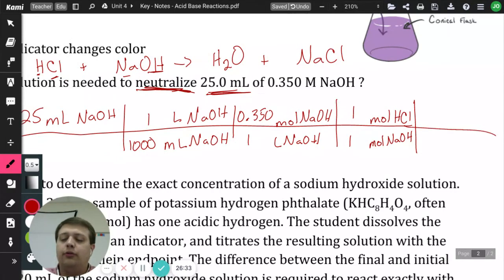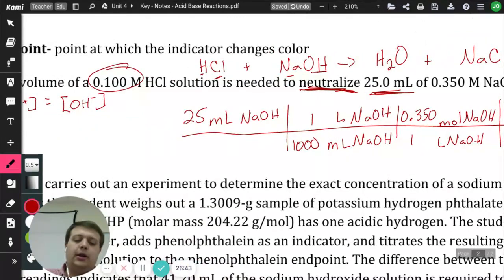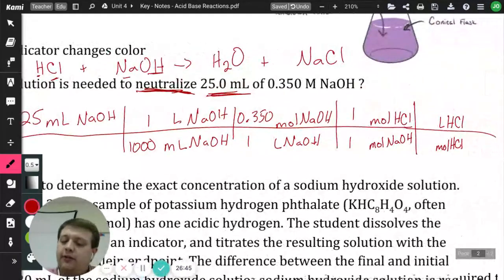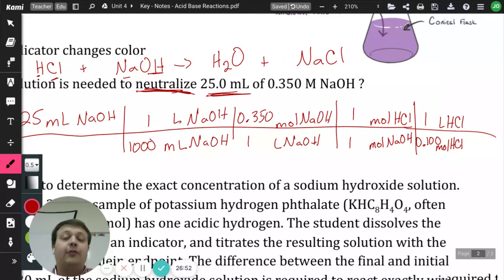Well, now I'm in moles of HCl, so then I can go from moles of HCl into liters of HCl using my concentration right here. So I have 0.100 moles for every 1 liter. And then the last thing, if they're looking for volume, technically we would be in volume if we stopped here, but we should probably keep them in the same unit.